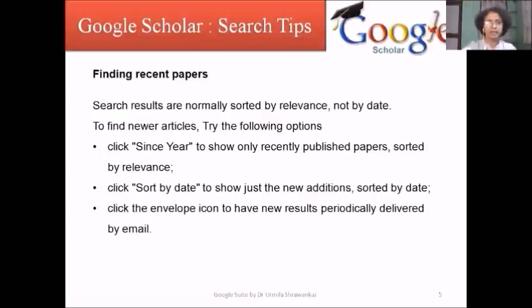You can select the year, show only the recently published papers, and sort by relevance. Click Sort by Date. It will give you just the new articles according to the date. Click the envelope icon which is available. I am going to show you. This icon is for receiving new results periodically by email.